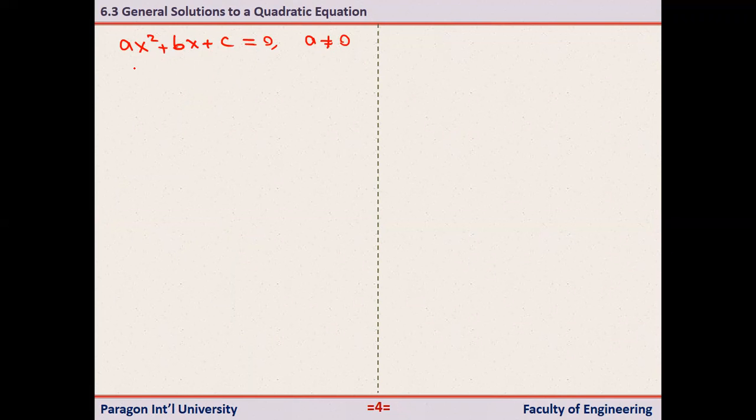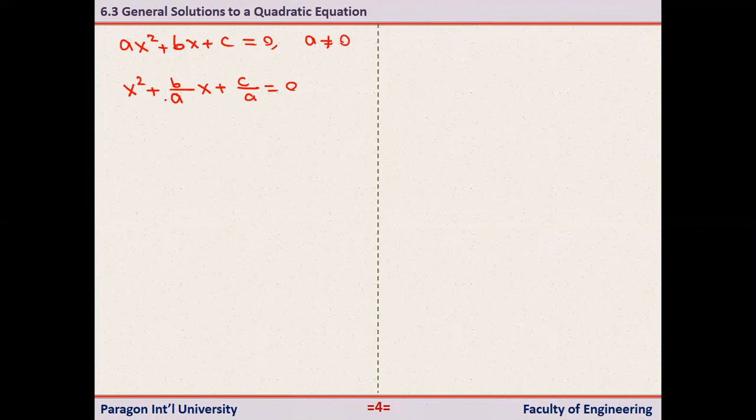To do this, first I need to separate a perfect square from this expression. First, I will start by dividing by a. If you divide both sides by a, since it's a non-zero number, we have x squared plus b over a times x plus c over a is equal to 0.